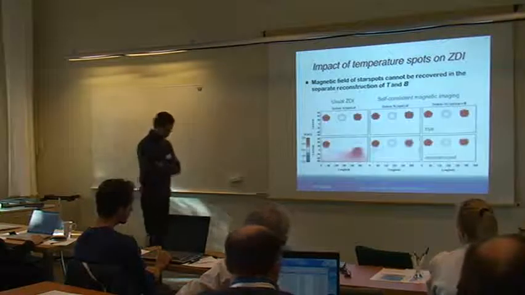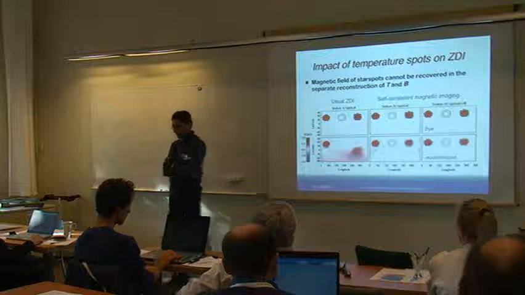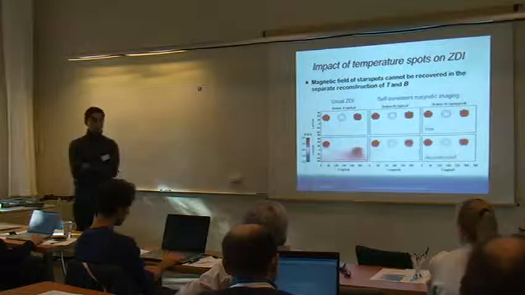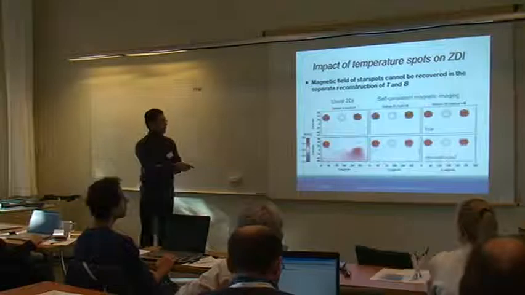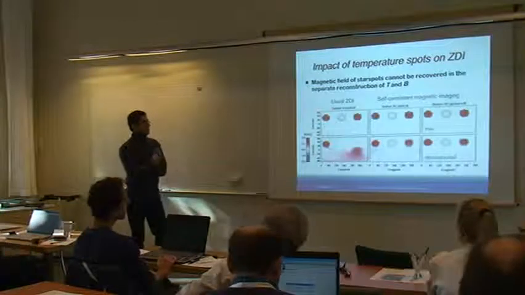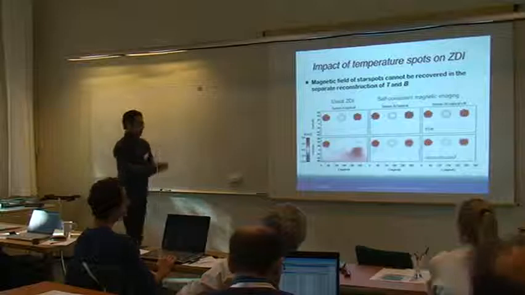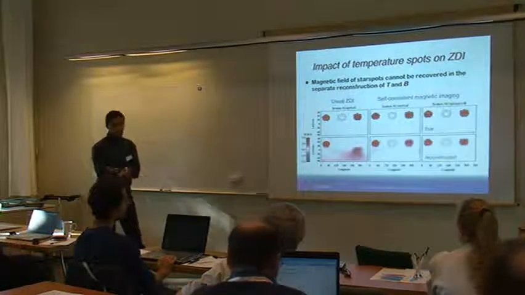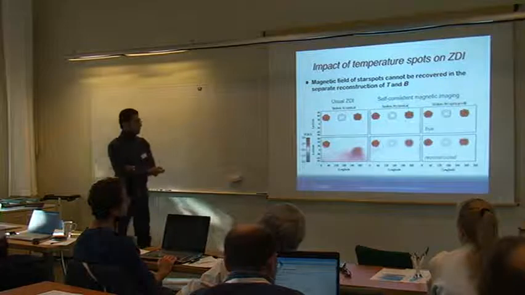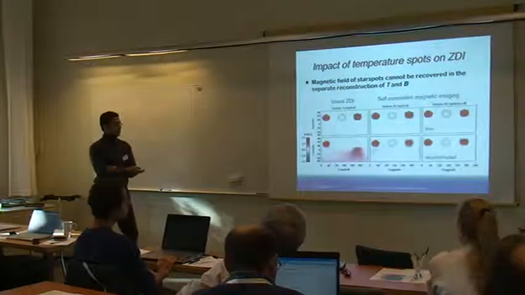However, one warning that everybody should keep in mind when interpreting ZDI results of active stars is the effect of separate reconstruction of magnetic field and temperature. Using some test results, numerical simulation, I illustrate here the consequence of that.